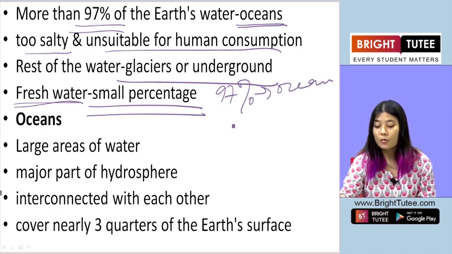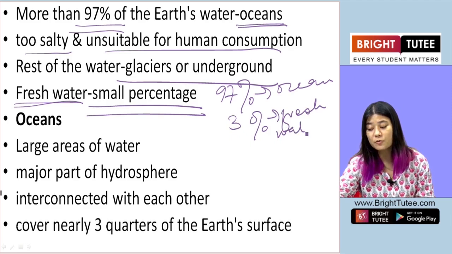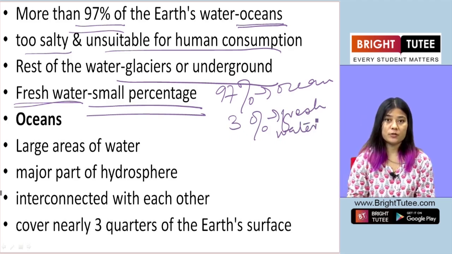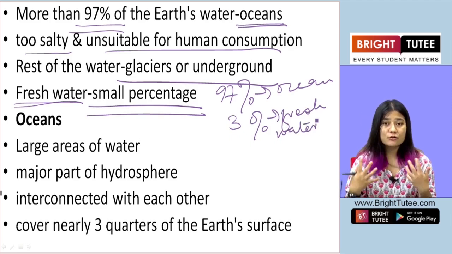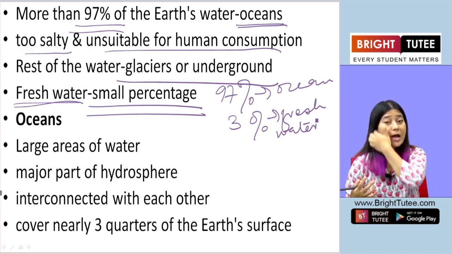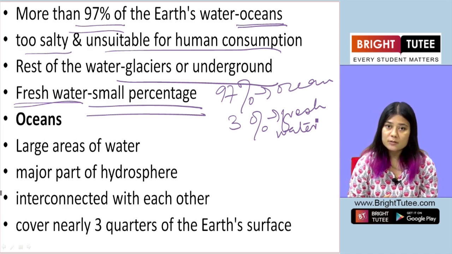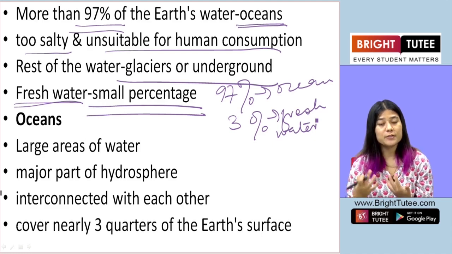That means only 3% is fresh water. So we don't have plenty of fresh water, and we waste so much water every time we drink, wash our hands, or ask for water. We are very careless. So we have to be responsible towards our usage of fresh water.